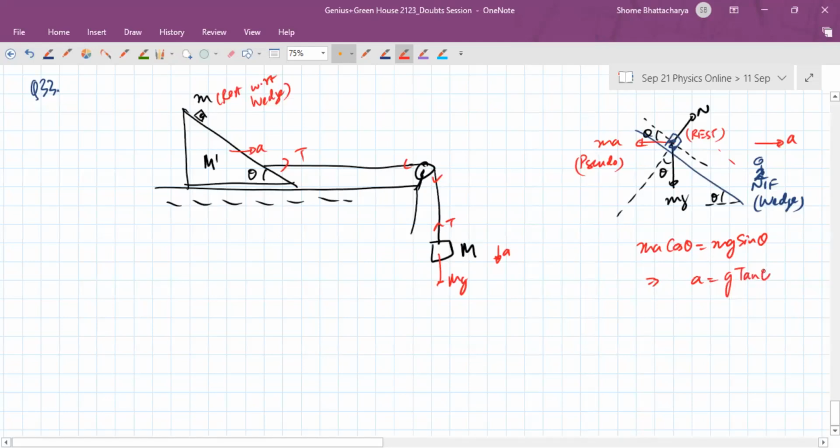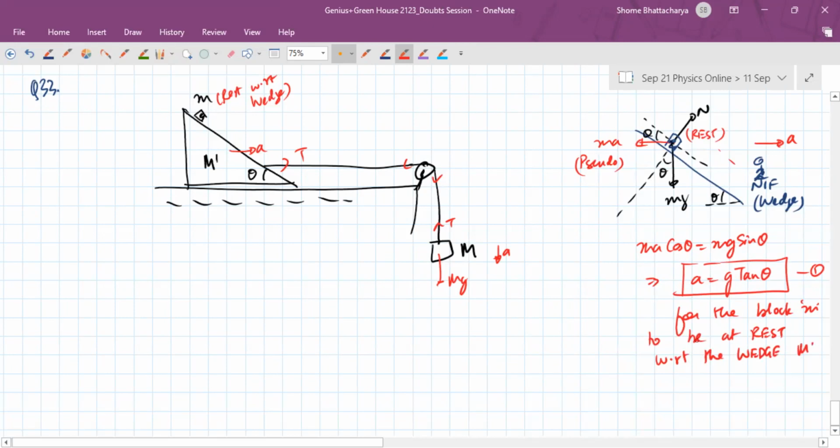Sine by cos, so it should be g tan theta. So this is the acceleration we require, okay, for the block to be at rest with respect to the wedge.